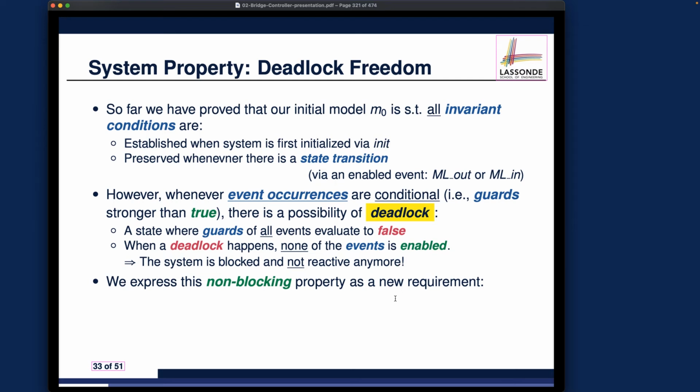So we're going to express this non-blocking property as a new requirement. You can see we are using two terms interchangeably. Either you can say your system is deadlocked, or you can say your system is blocked. Or you can say you want your system to be deadlock free, that's a property, or you can simply say you want your system to be non-blocking. These are synonyms you can use interchangeably.